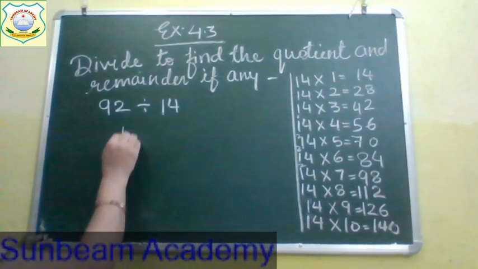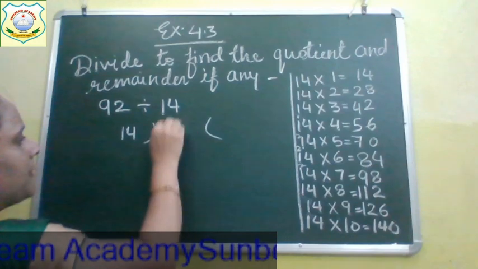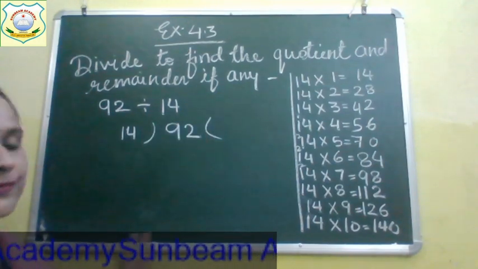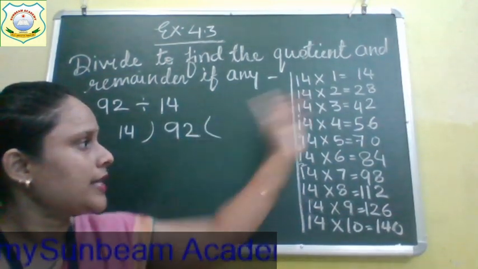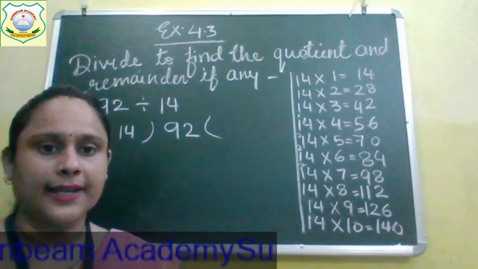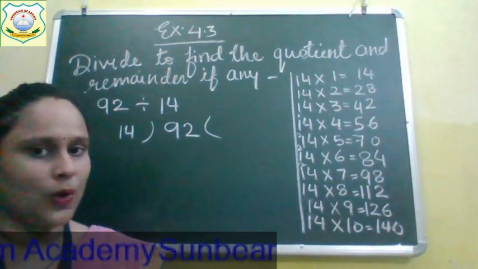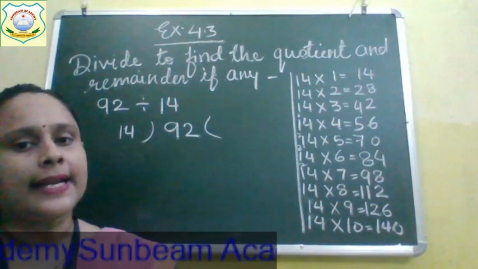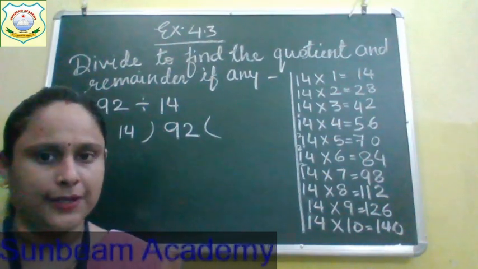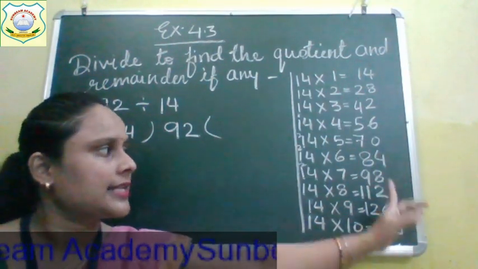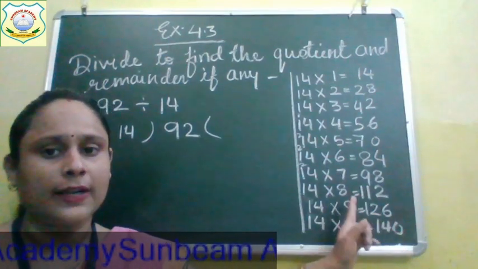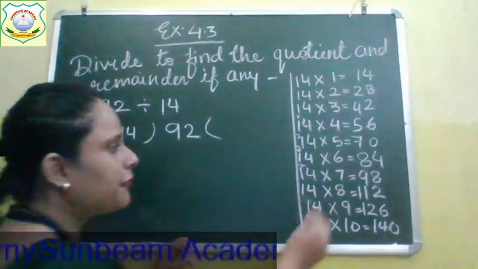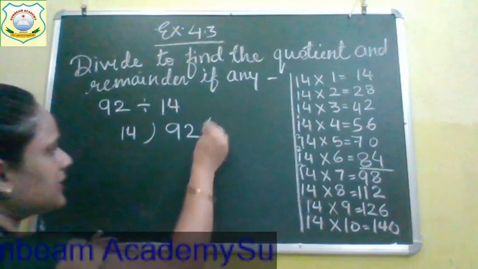See, 92 divided by 14. Now, is 92 coming in the table of 14? Can you see? No, it's not coming. Now we take a number which is less than 92. Is there a number which is less than 92 in the table of 14? Yes, 84, which is coming in 6 times.